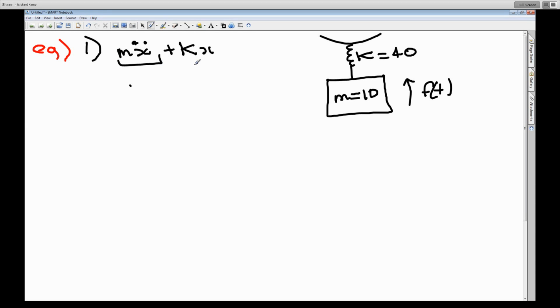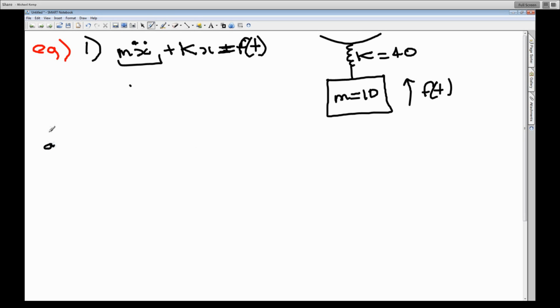So the total acceleration is caused by the force due to the spring constant, which is minus kx, plus the other force applied. And so you quickly get down to this differential equation.